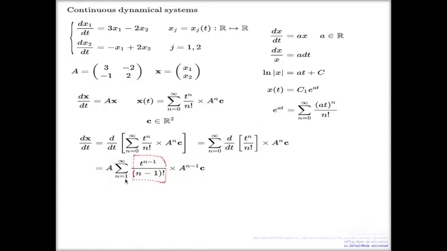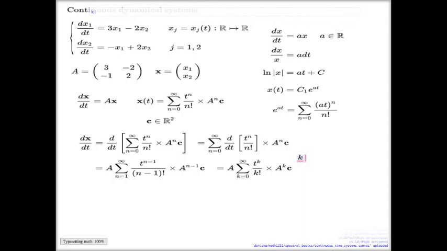I started my summation from 1 this time because the 0 term, which is a constant term, will disappear after my differentiation. And I factored A^n into A^(n-1) and one extra A, which I pulled in front of my summation. All I need to do now is change the index of summation. I introduce a new index k, which is n minus 1.